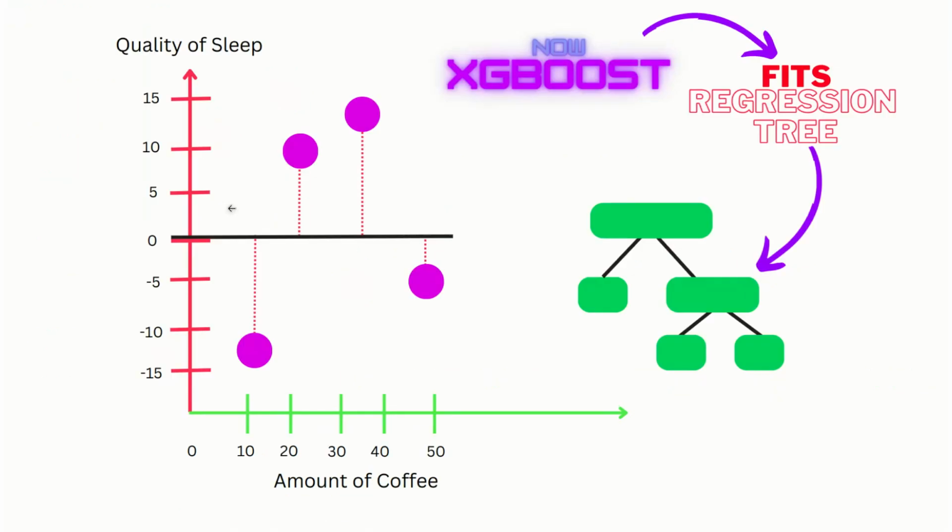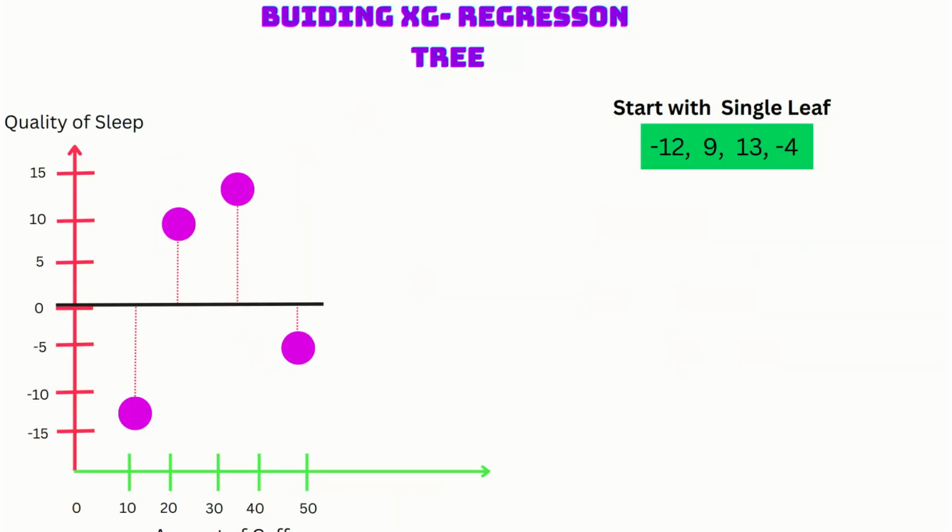Now XGBoost fits a regression tree to the residuals. We can call this tree an XGBoost tree. Now let's talk about how to build a regression tree. Each tree starts out as a single leaf and all the residuals go to the leaf.